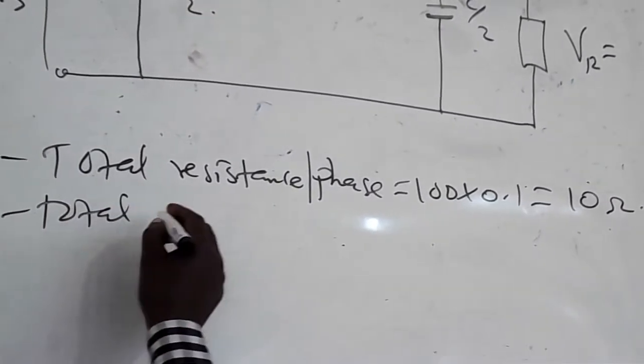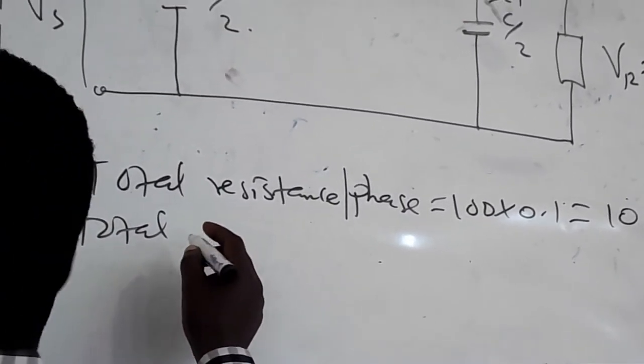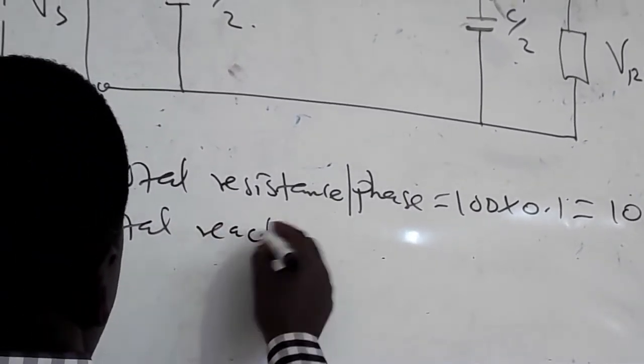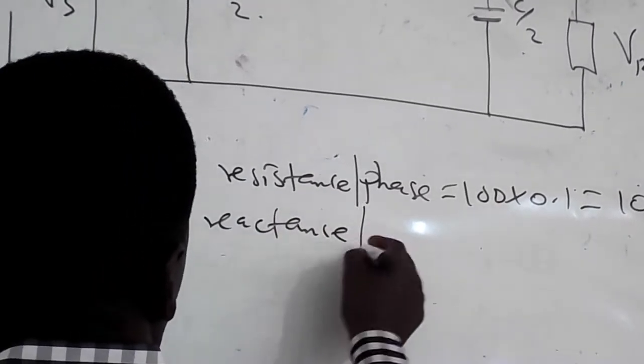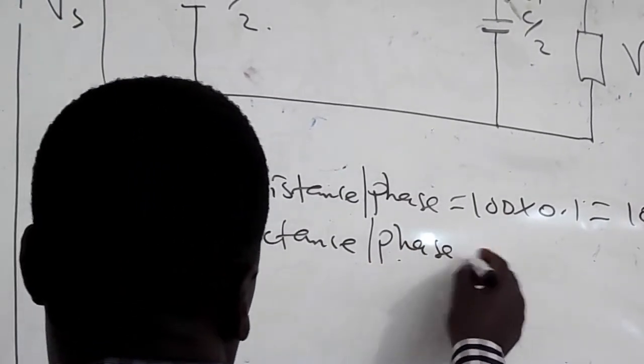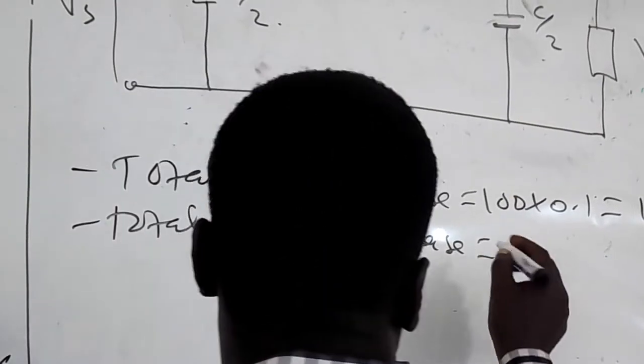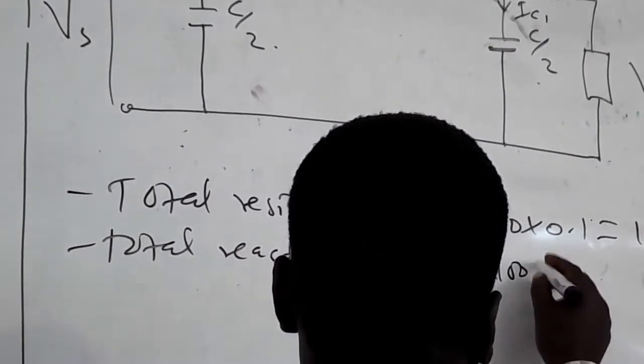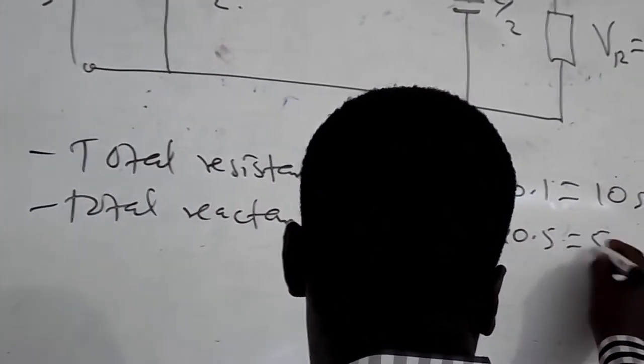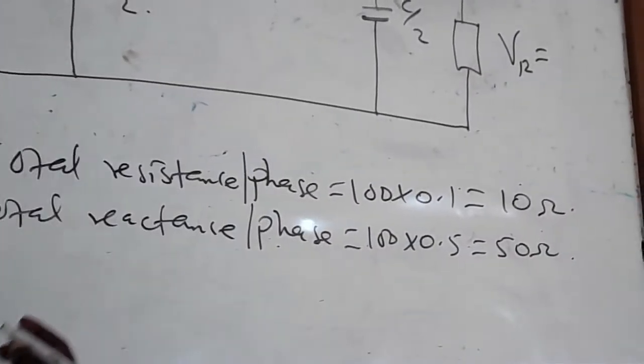Total reactance per phase is equal to 100 times 0.5, that will give me 50 ohms.